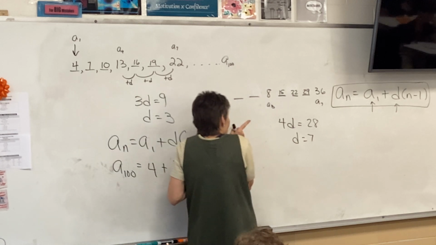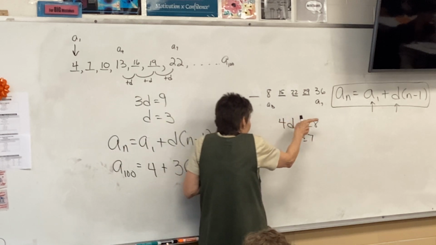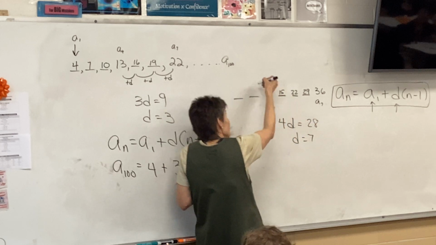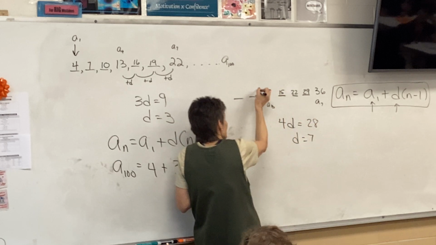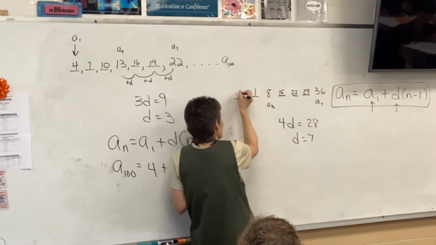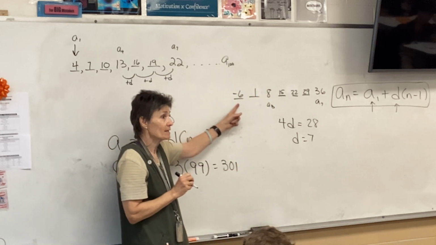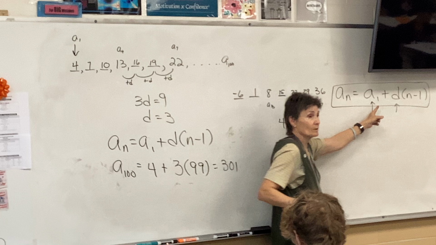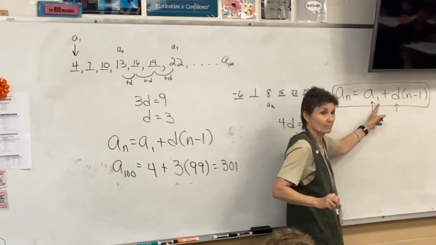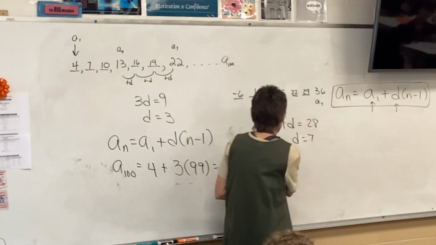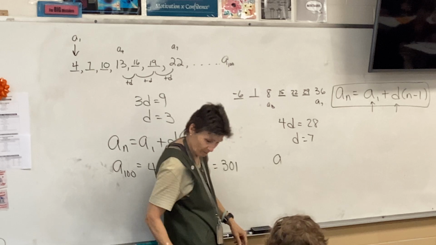Now, if I'm adding 7 going that way, then I will be subtracting 7 going this way. So this number is a 1, and this is a -6. That's a big important number, because that is my first term. So do I want the 100th term again? Yep.